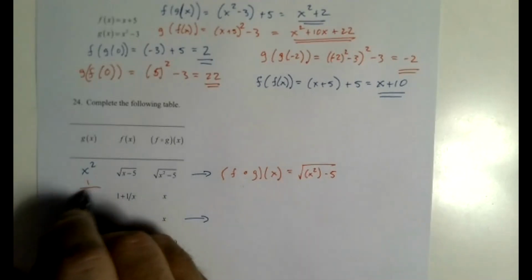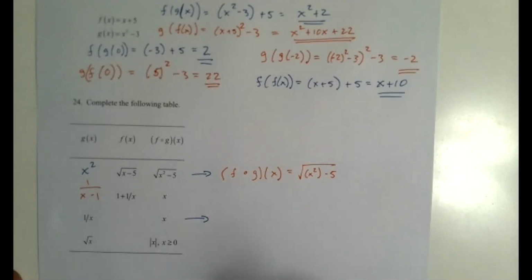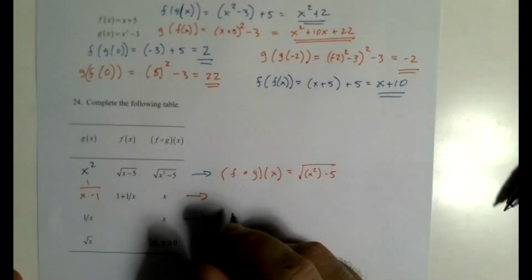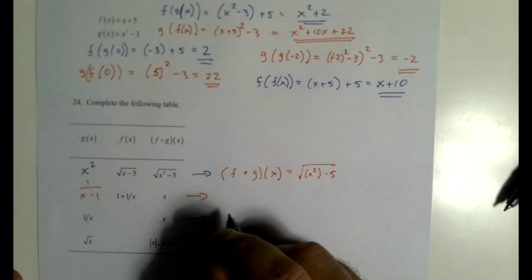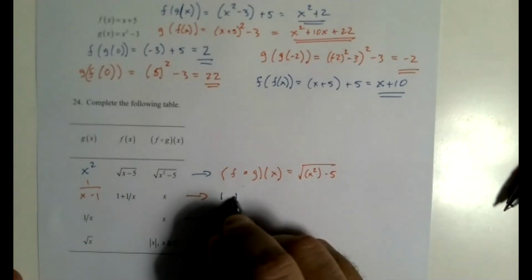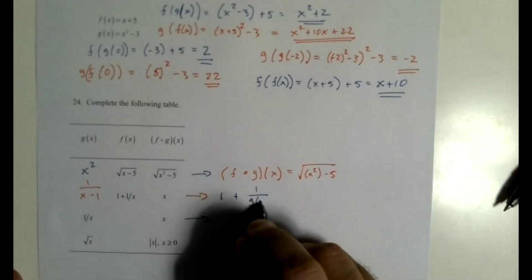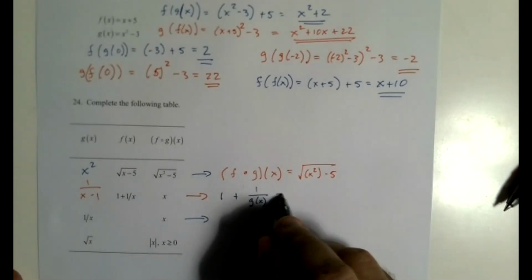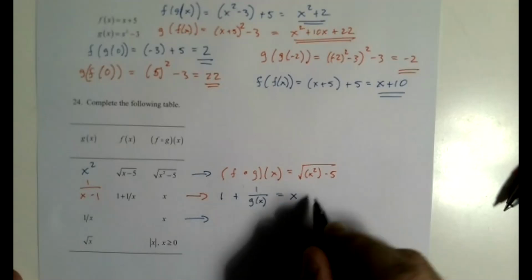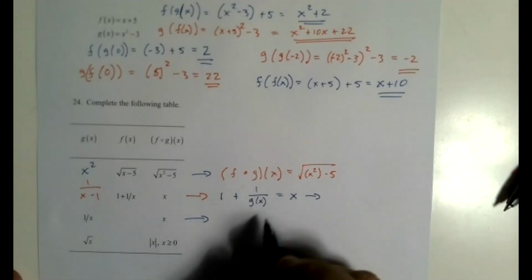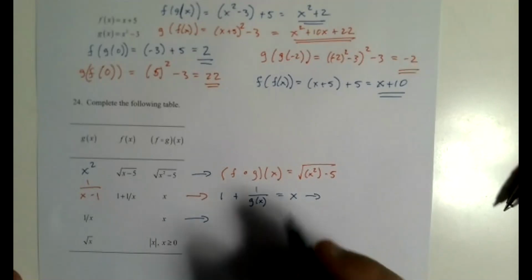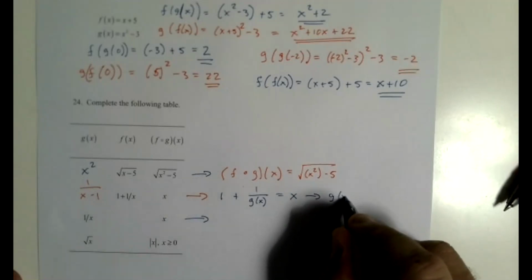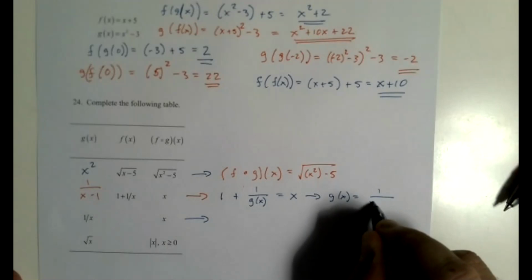And here I'm going to guess it's 1 over x minus 1. And the way I did it was 1 plus 1 over g of x equals x. So minus 1, flip, g of x equals 1 over x minus 1.